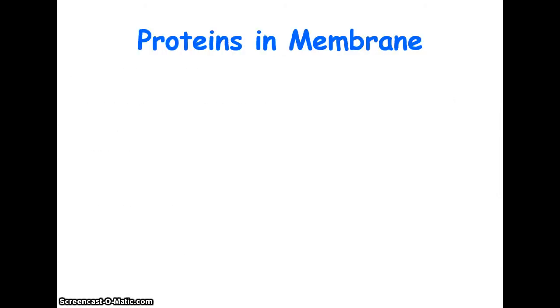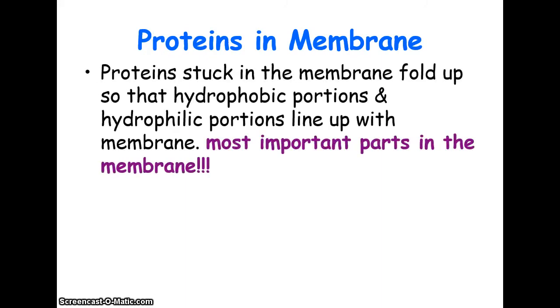Okay, now the most important thing in the cell membrane, honestly, is the proteins, because all of the jobs that the cell does, it's going to rely on what can get in and out of the cell. And for the most part, most things can't pass through the cell membrane, not through the phospholipid part. That's what makes it selectively permeable.